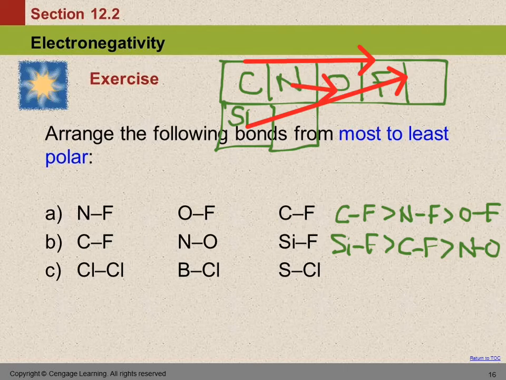Two things that are very, very different are going to be polar. An ionic bond really is just an extreme of the polar covalent bond. The one house was so awesome compared to the other that the kid left that family and joins the other family. I know, weird.